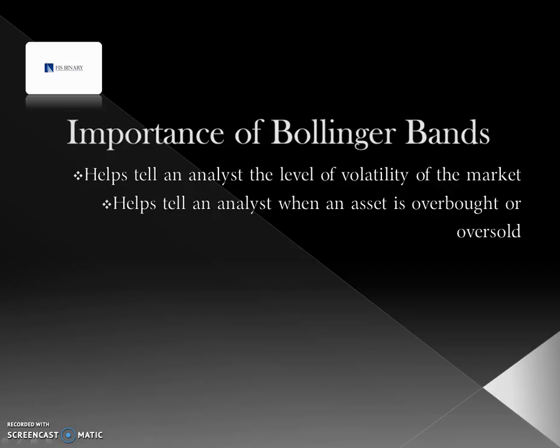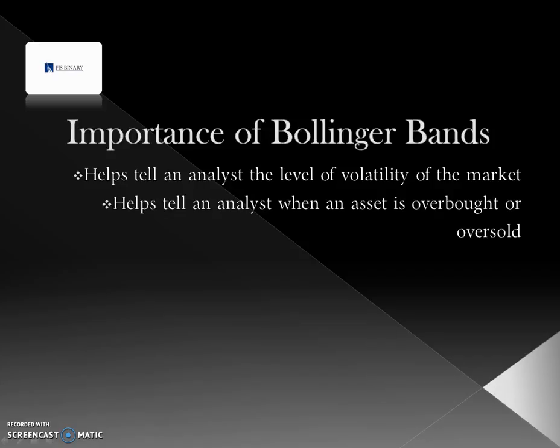The second one is that it tells an analyst whether an asset has been overbought or oversold. Overbought in this situation means that the asset has been over demanded and therefore there has been too much supply of the asset. And since there's too much supply, given basic economics, once there's oversupply relative to demand, the price of the asset is going to begin to fall.